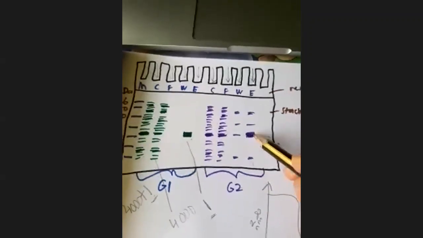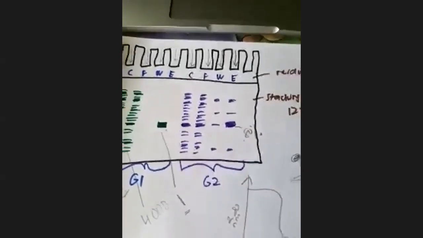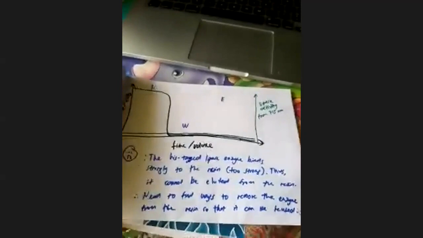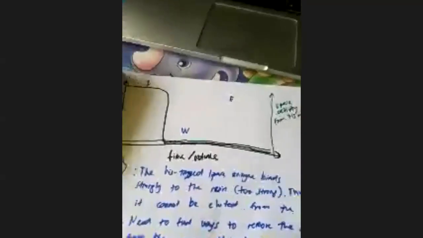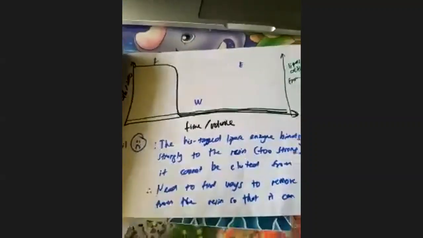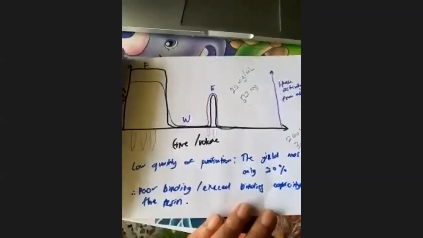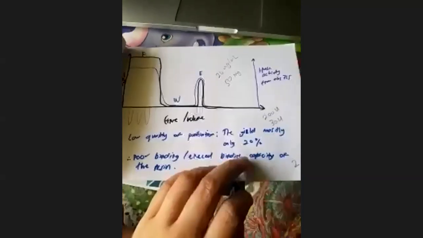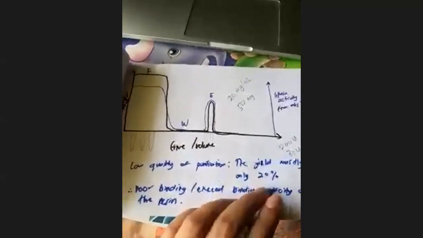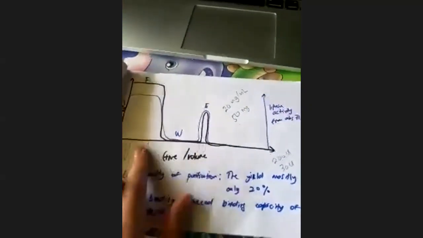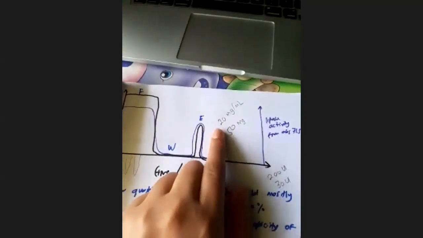Whatever step you have a problem from the beginning, if there is no binding, or the binding is too strong, or there is poor binding or not so good binding, you have lost a lot. Maybe this is one factor.